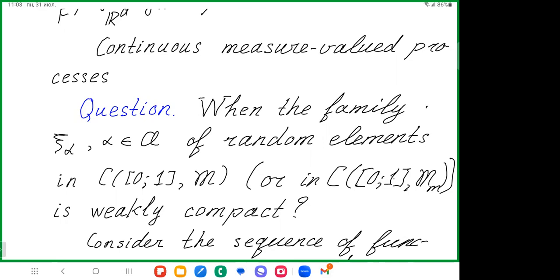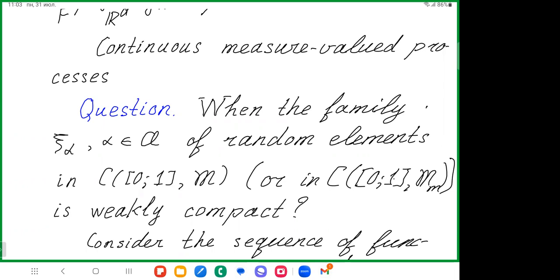But then what will happen with the solution? Solutions are elements in C([0,1], M). In which sense will they converge, or even do they converge or not? In order to understand this, we need a characterization of weak compactness in these spaces. So how will we do this?